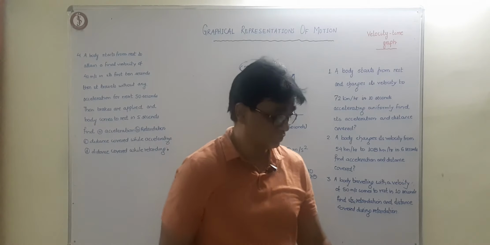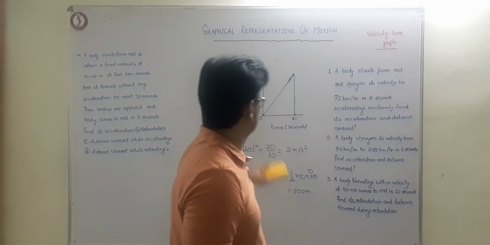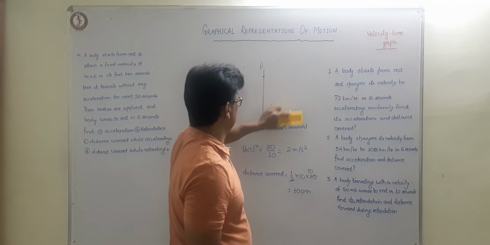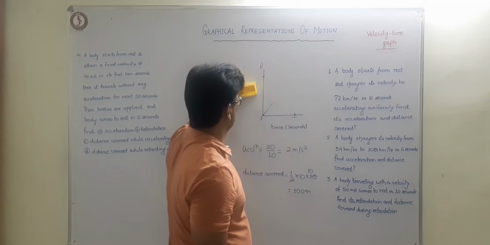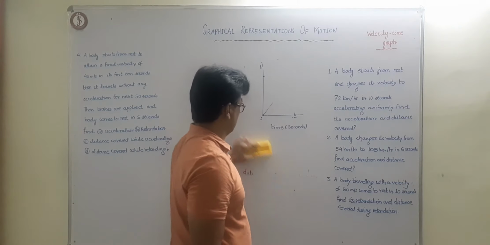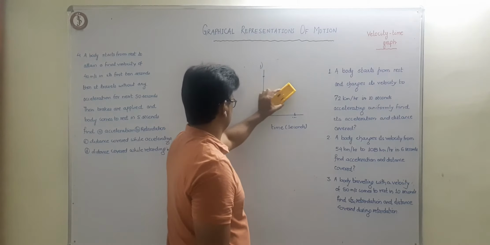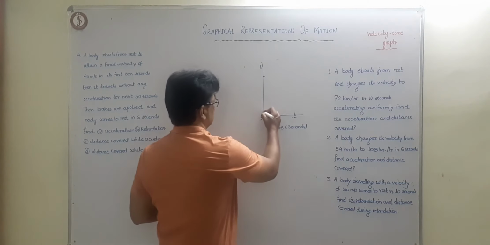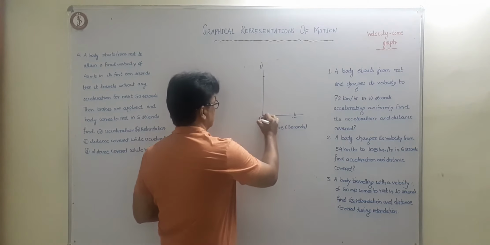Now let us go for the second question. I remove this one, we don't need this, and we keep the graph intact. So this is 0.